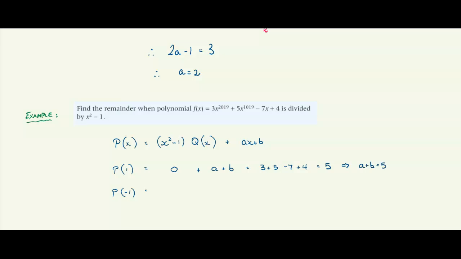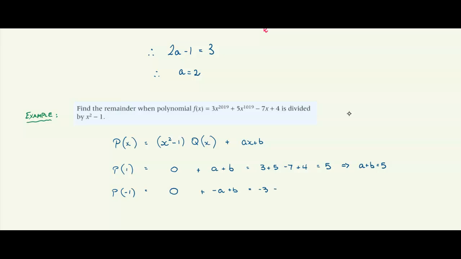Let's do the same with -1. -1 to an odd power will give me a -1 result. So I've got 0 here, obviously, plus, now I've got x in here, so I get -a plus b. Now -1 to the power of 2019 is -1 times 3, gives me -3.